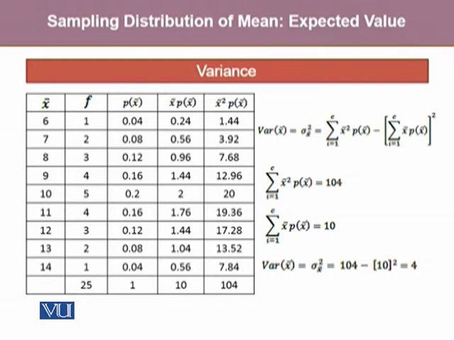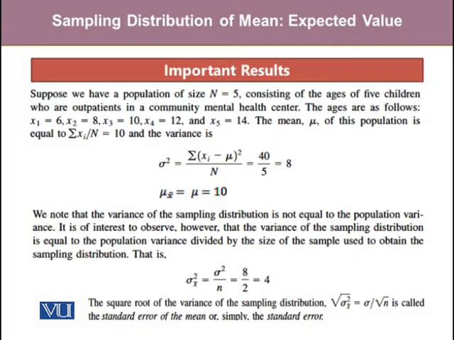Variance of x bar, which can also be denoted by sigma square x bar, equals the expected value of x bar square minus the expected value of x bar whole square, which is obtained as 4 in this situation. One might notice that the variance of the population was 8 and the variance of the sampling distribution of x bar turned out to be 4.